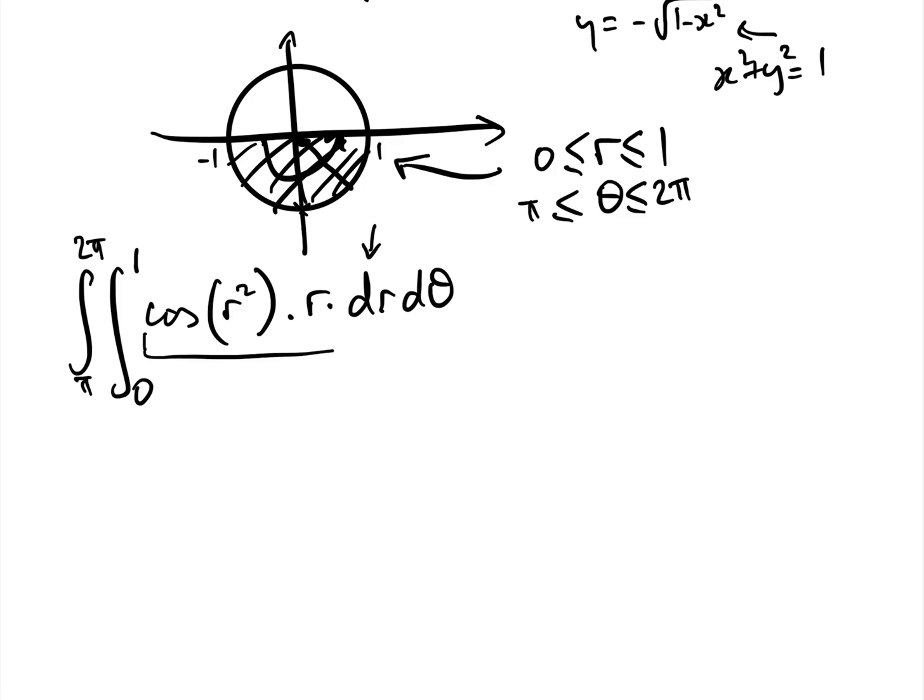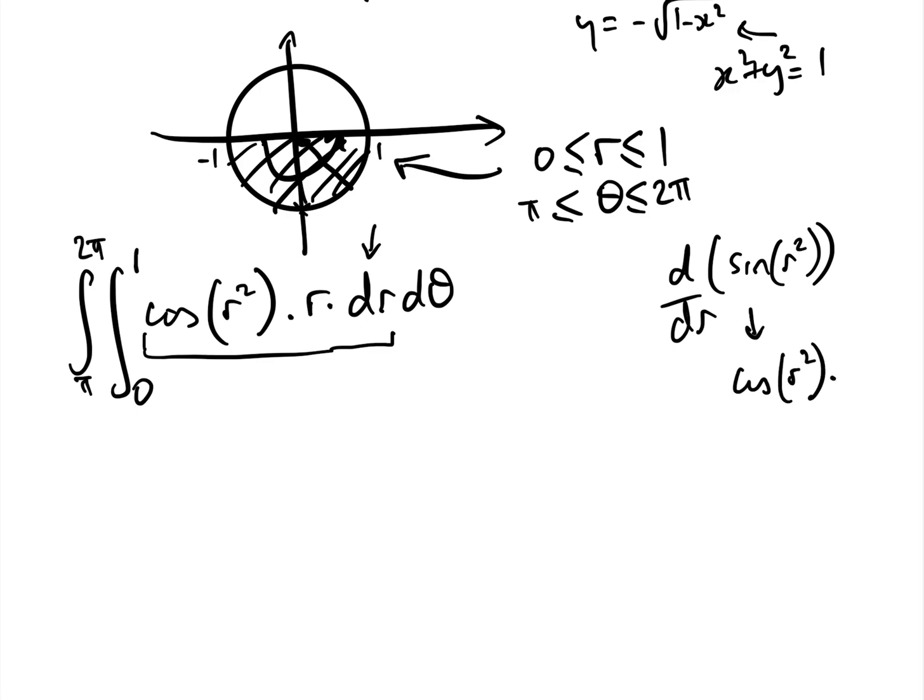Okay, so we have to integrate this bit here with respect to r first. Well, if we look at the derivative of sine of r squared with respect to r, that gives us cos of r squared times by the chain rule 2r, and so therefore we know that the integral of cos r squared r dr is going to be sine of r squared over 2. So therefore we have the integral between pi and 2 pi.